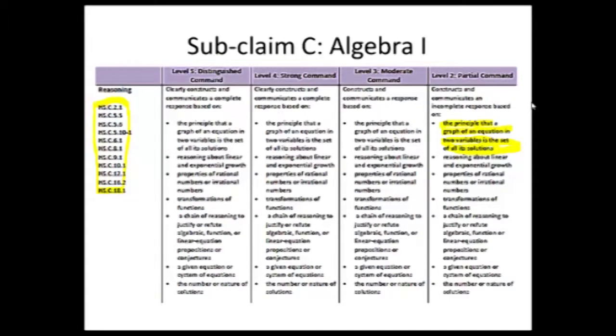And I think that's an important distinction that maybe some high school math teachers will have to wrestle with. So Algebra 1, subclaim C, really focuses on reasoning with functions, being able to justify a conclusion, and then providing a counterexample if they have a disagreement with some reasoning that's presented. So that's a different flavor than maybe we've traditionally had in Algebra 1.